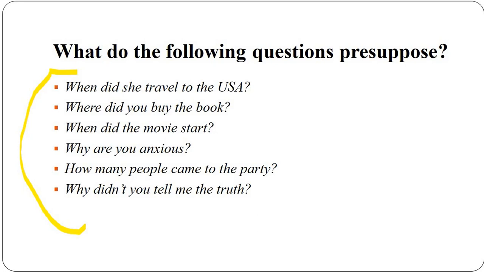So for sure there is a party and some people are supposed to visit the party. Why didn't you tell me the truth? So we can presuppose that the addressee, the listener, for sure didn't tell the truth to the speaker of this question. So we can presuppose these facts from these questions.